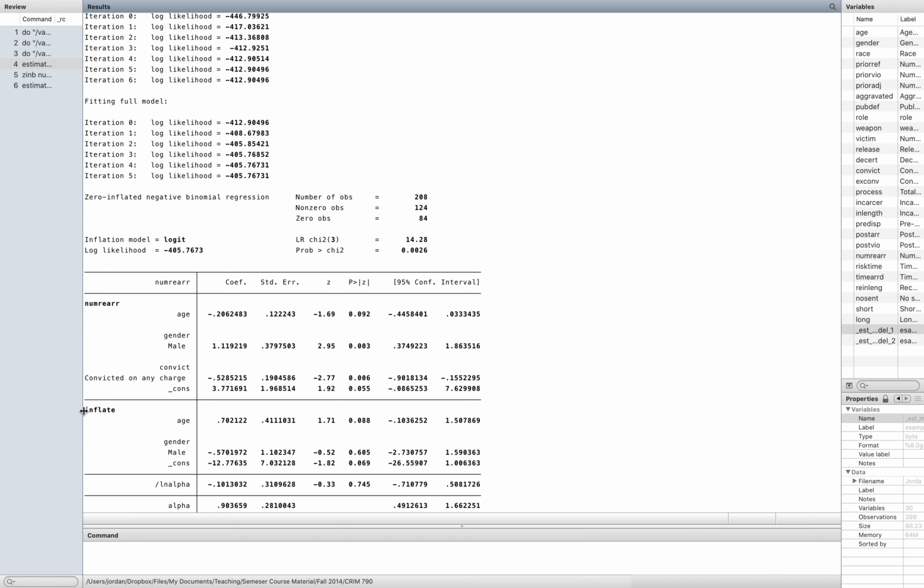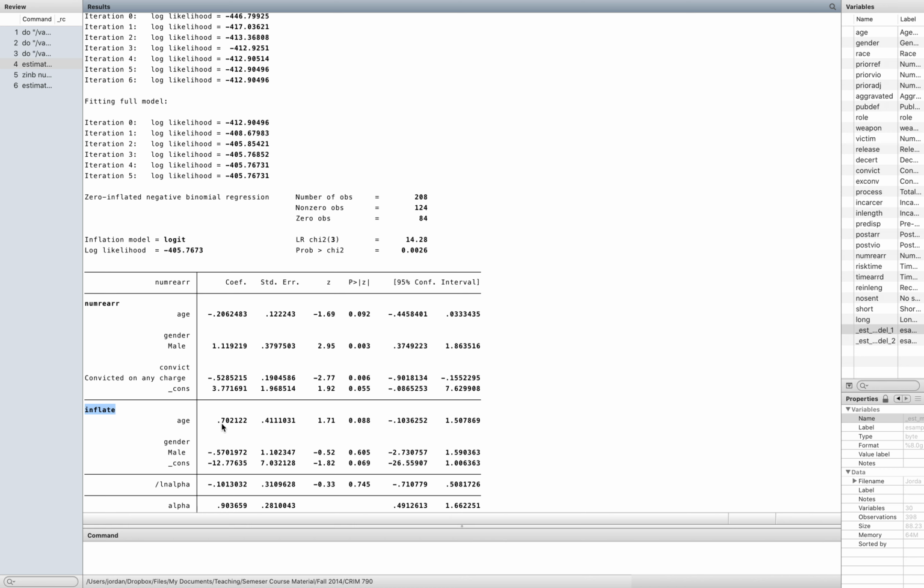If you look at the inflate category, what the inflate part is, again, is predicting the membership in the certain zero group. So what this tells you here is that, and again, these are logistic regressions.